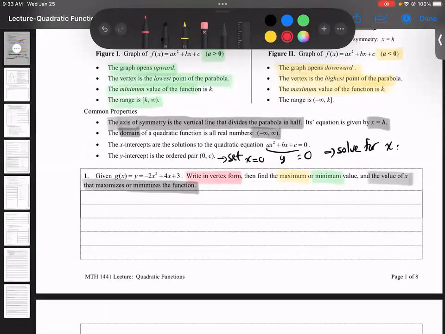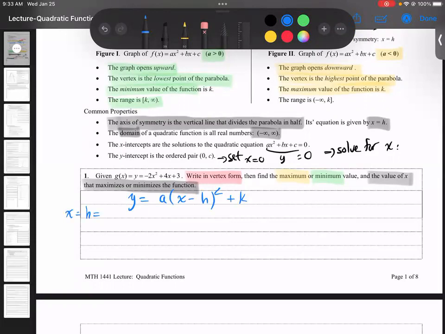So vertex form is like this. y equals a times quantity x minus h squared plus k. So I need to find a, I need to find h, I need to find k. Let's find h and k first, because we have a formula for those. Remember h equals what?